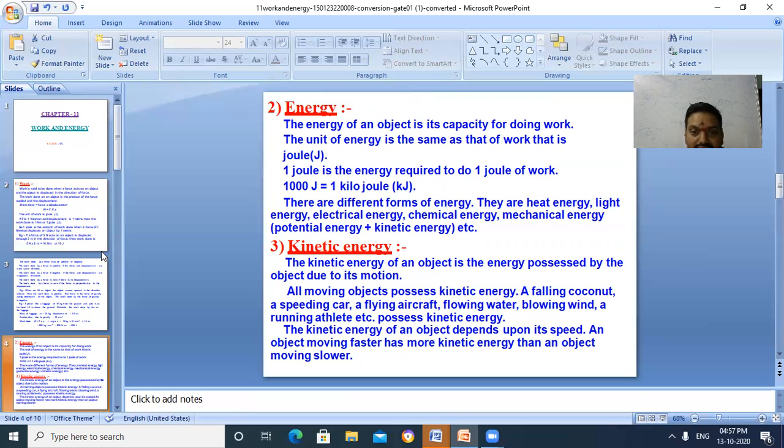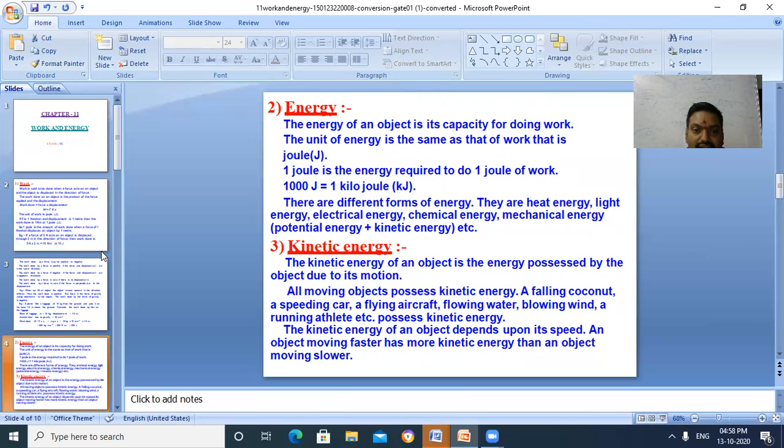Joule is the SI unit of energy, and the CGS unit of energy is the erg. One joule is equal to 10 power 7 ergs, just as one Newton is equal to 10 power 5 dynes.